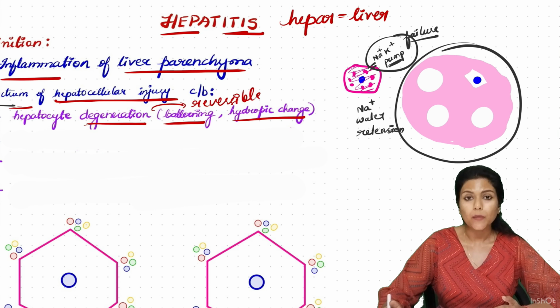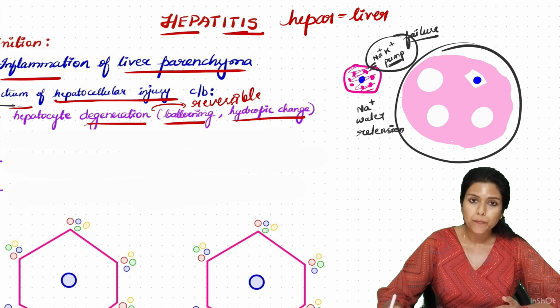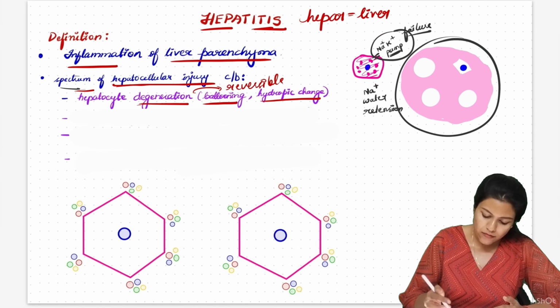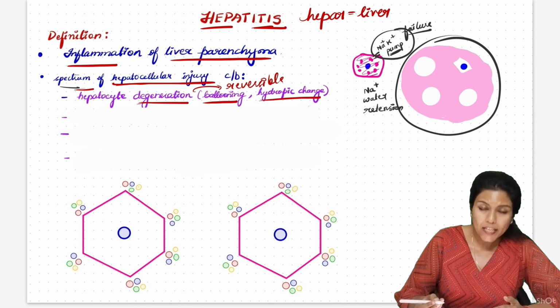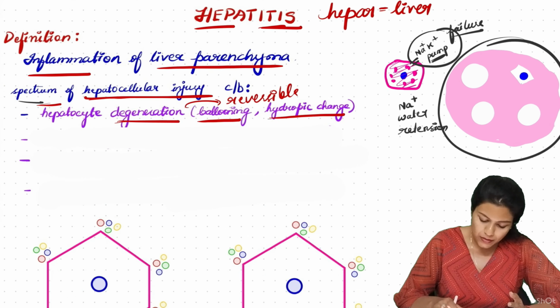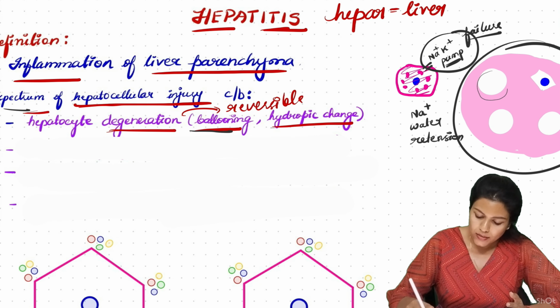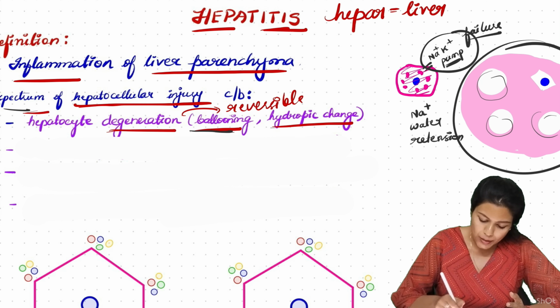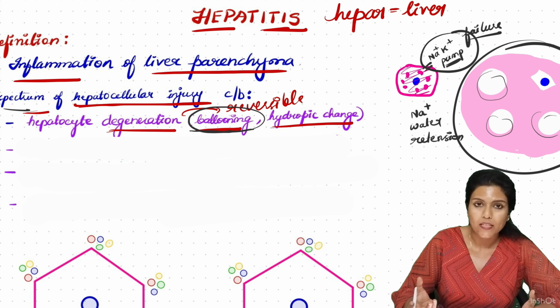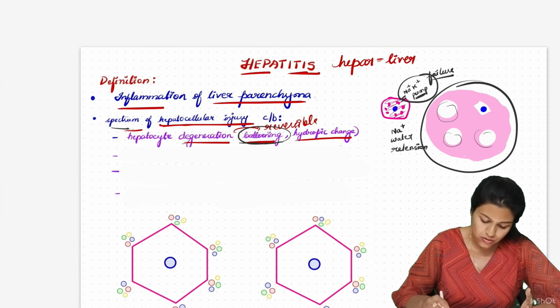That is the reason for hepatocyte swelling, and when the swelling is severe, it appears like a balloon. This vacuolated cytoplasm and severe swelling appear like ballooned hepatocytes. Hence, it is called ballooning degeneration or hydropic change.